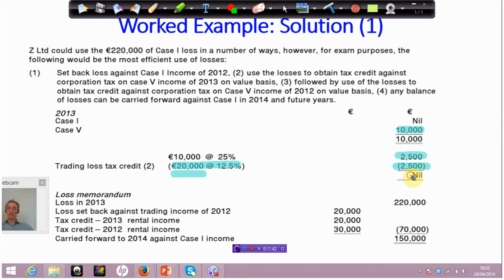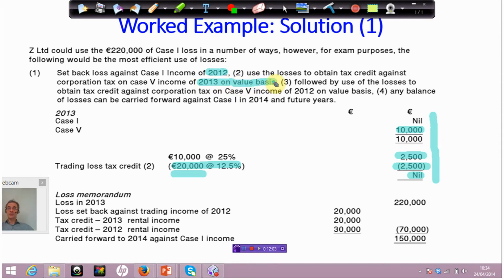So that deals with all of that income. In effect, we have a zero tax bill and a zero assessment for 2013. So what we did first is we went back, found the trading income. What we did second is come forward again on a value basis. So where do we go from there?